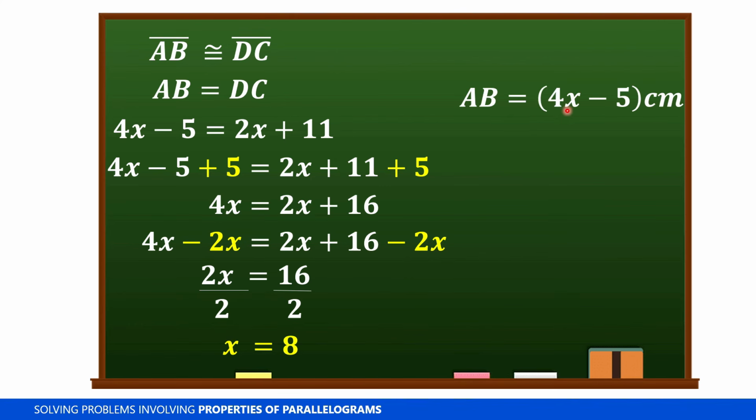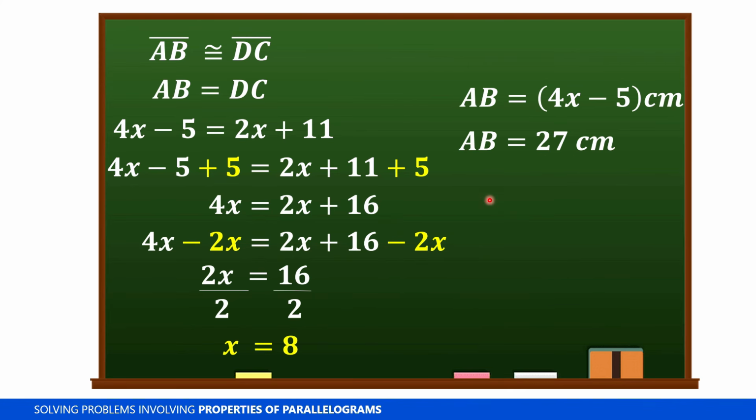So again, AB is equal to 4x minus 5. Since x is equal to 8, let's substitute it here for the value of x. So we're going to have 4 times 8, that is equal to 32, minus 5, that is equal to 27. Therefore, AB is equal to 27 centimeters.